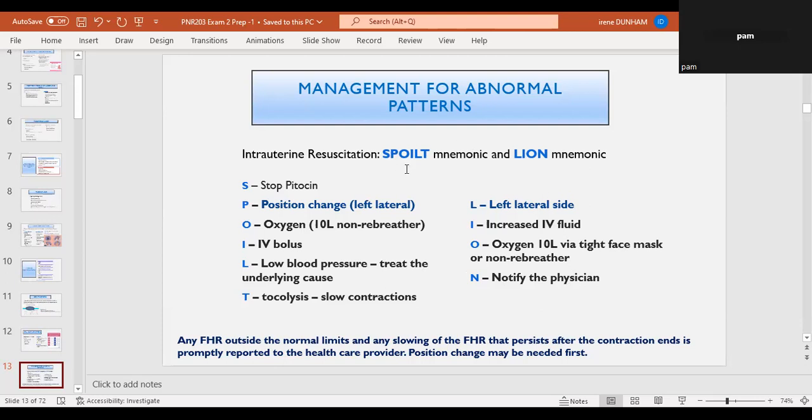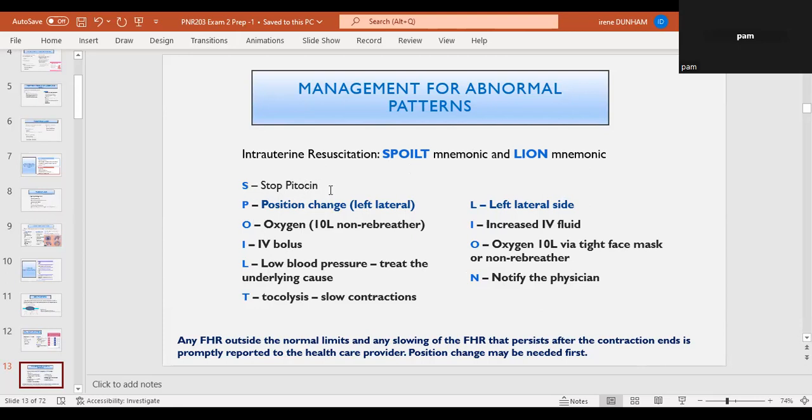Now, if I have a medication going, such as Pitocin, I'm going to stop that Pitocin. Maybe you're doing an induction of labor and the baby is not responding well with his fetal heart rate. Maybe he's having some problems. You lost variability, maybe you have a low baseline.